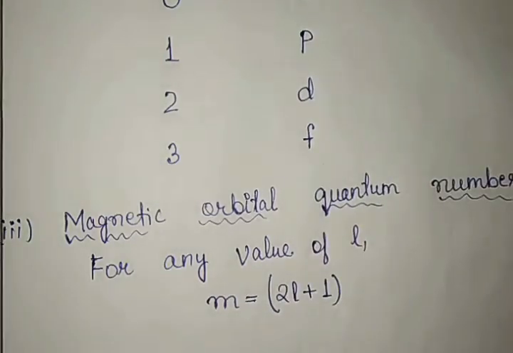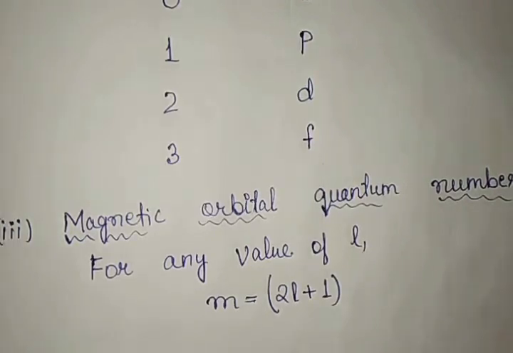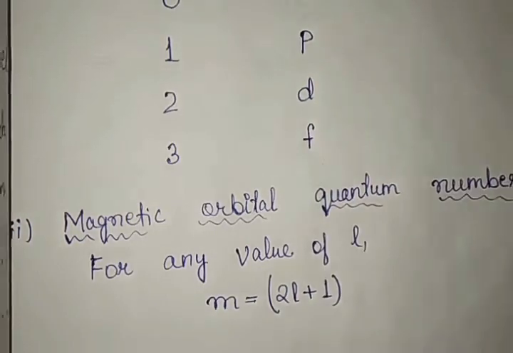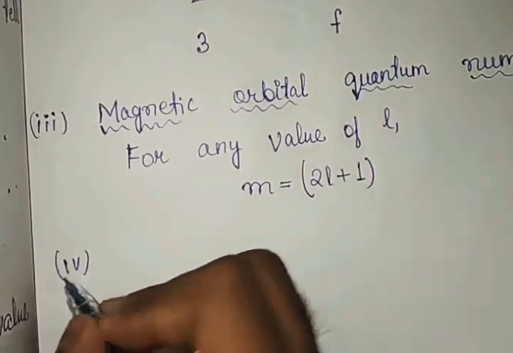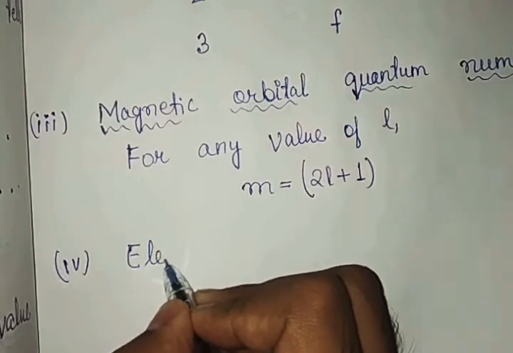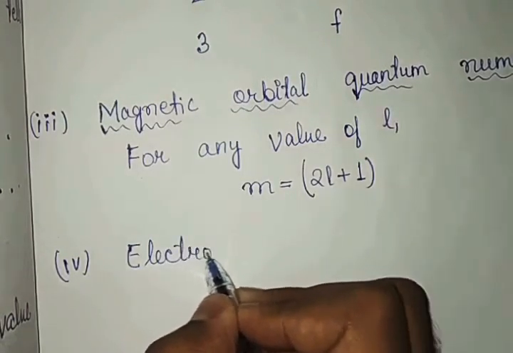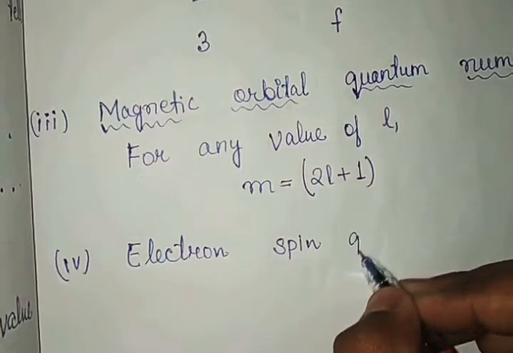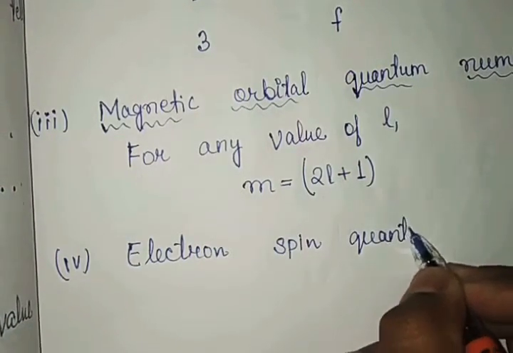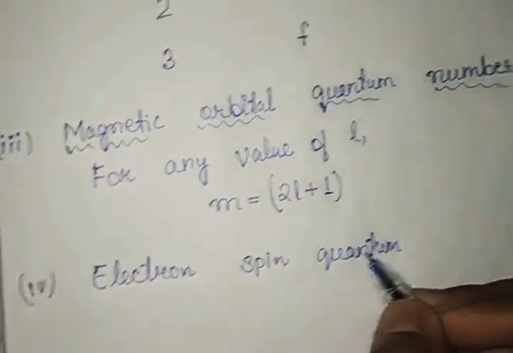And the last one is the electron spin quantum number. Number 4 is electron spin quantum number.